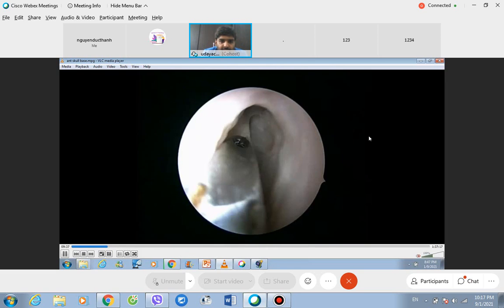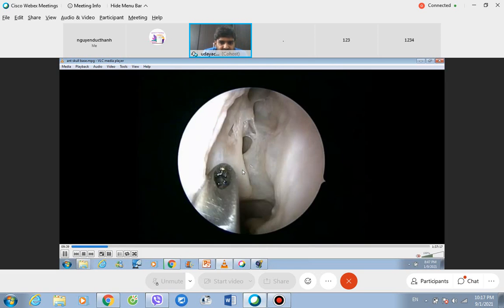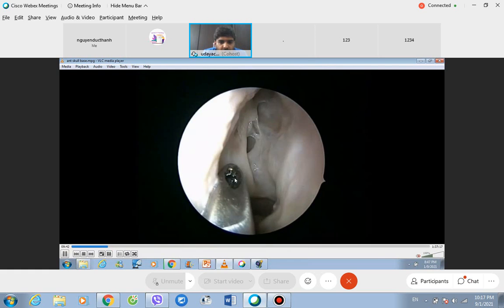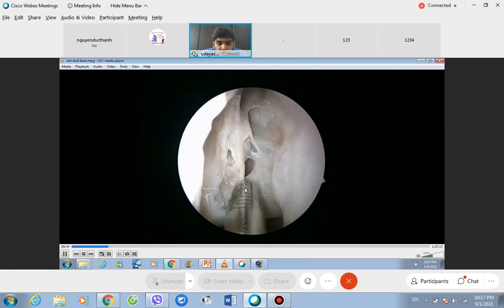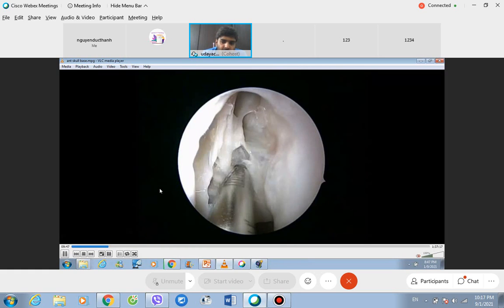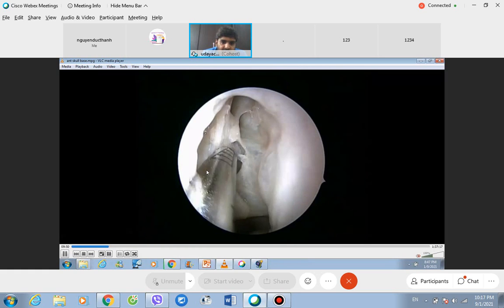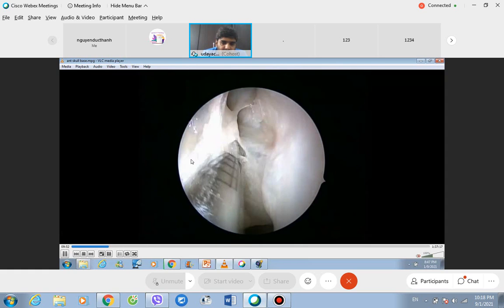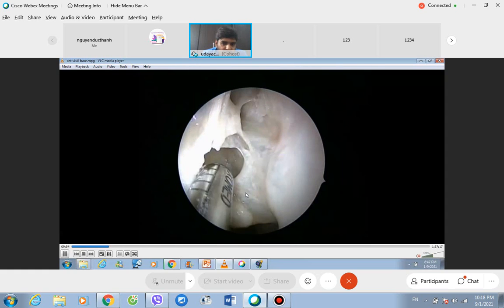anterior ethmoids. This is the bulla ethmoidalis, and one should always enter inferior and medial. Inferior and medial in order to enter the anterior ethmoids. And this is the entrance to the anterior ethmoids by puncturing the bulla.